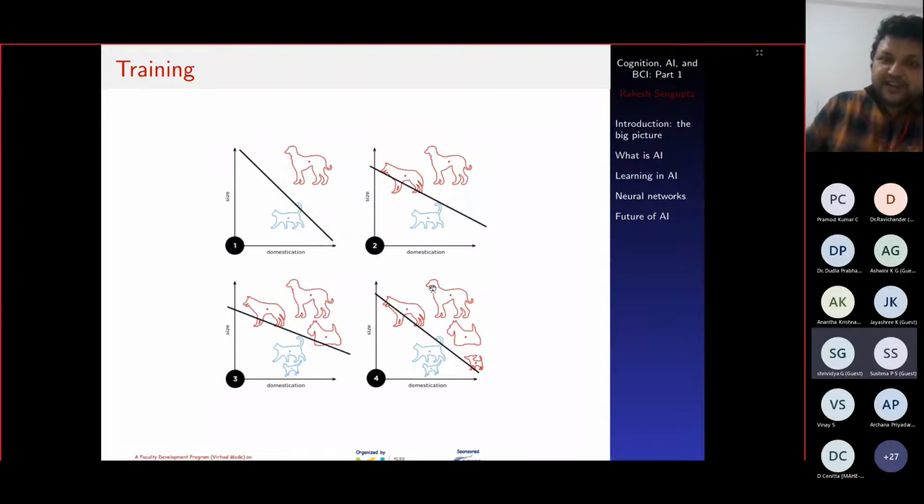First, one dog and one cat are given, so the system tries to classify them according to a line. You have two features according to which the classification is being done: size versus domestication. In the second image, another dog is added, so the line skews somewhat, because otherwise it would be wrong if it kept the original line. Similarly, more cats are added, more dogs are added, so the line keeps adjusting. This is a very simple classification that a perceptron can do by changing its weights and the outputs.